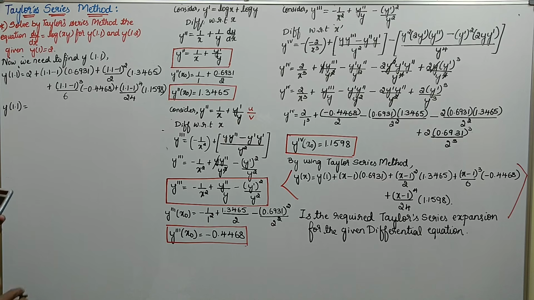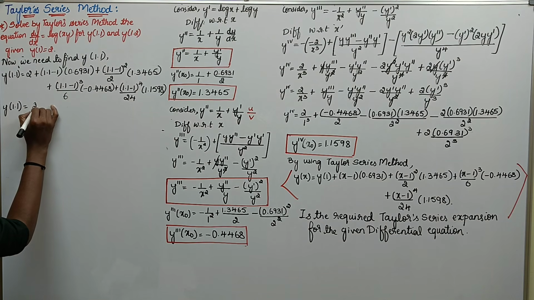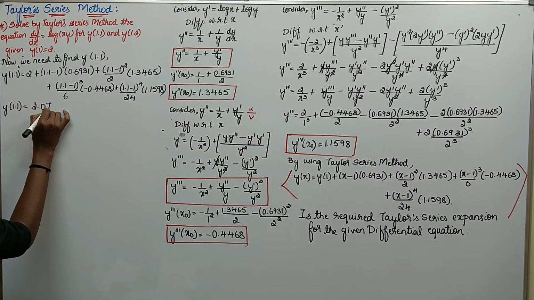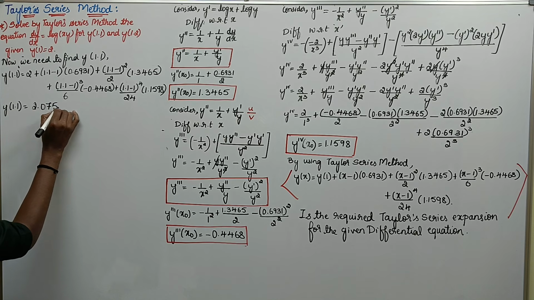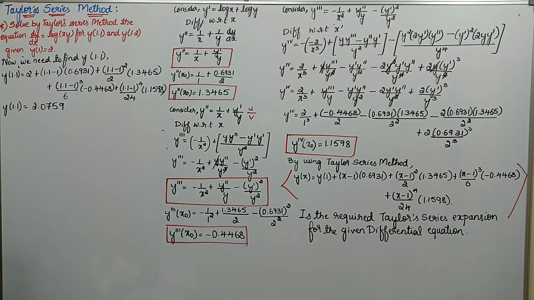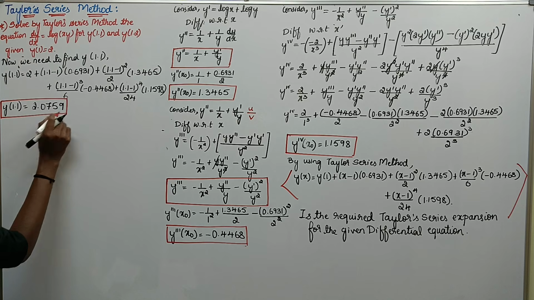After simplification you are going to get 2.0759, up to 4 decimal places of the Taylor series method. This is the value of y of 1.1.